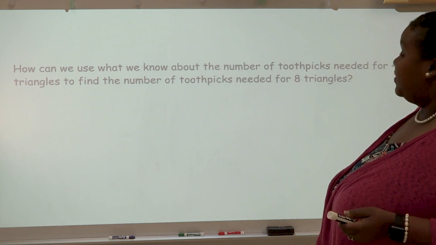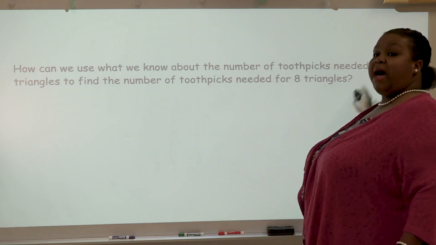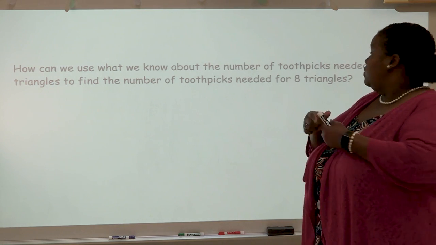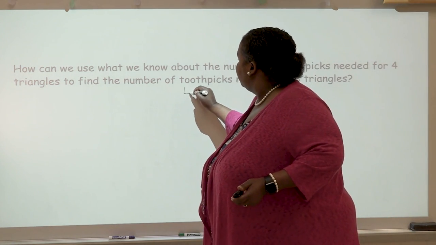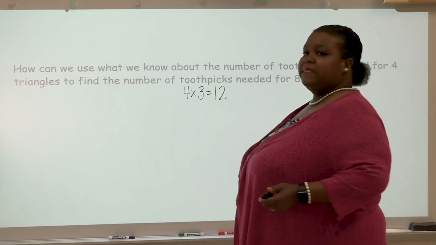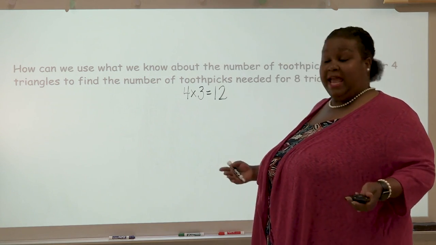Well, as I think about that, I know that 8 is double the amount of 4. So, if I know that with 4 triangles, 4 times 3 equals 12, could I double that amount and it would tell me how many I would need for 8 triangles?